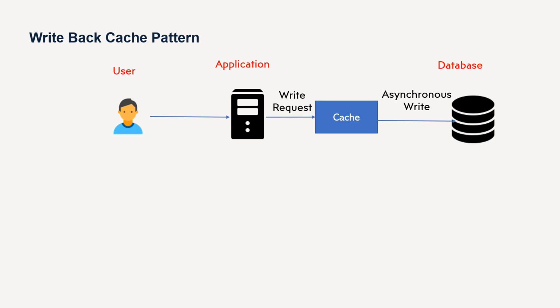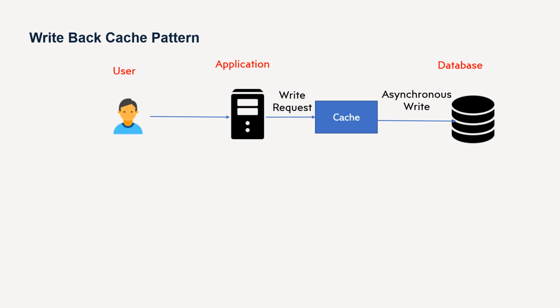Whenever any write request comes from the application, the cache is going to store it, but it will wait to accumulate a bulk of requests, then it will upload that data into the database using asynchronous mode, right? So this is basically the difference.